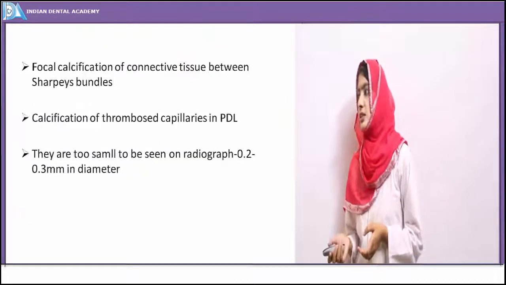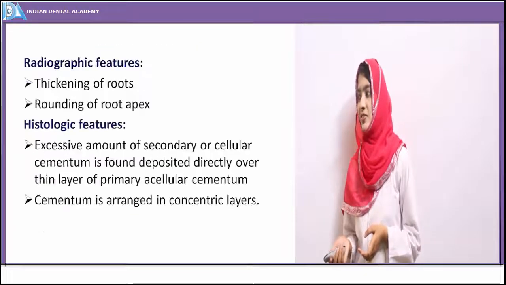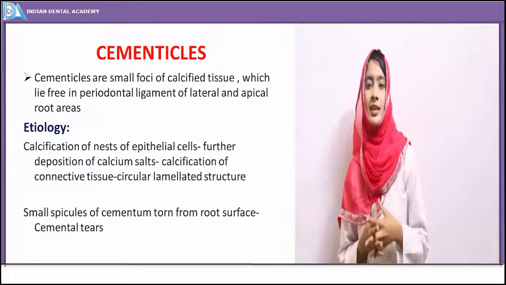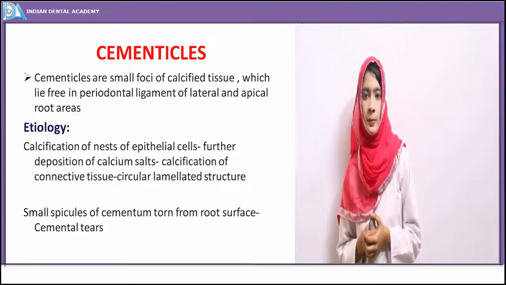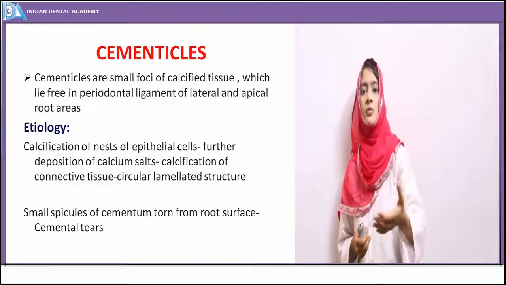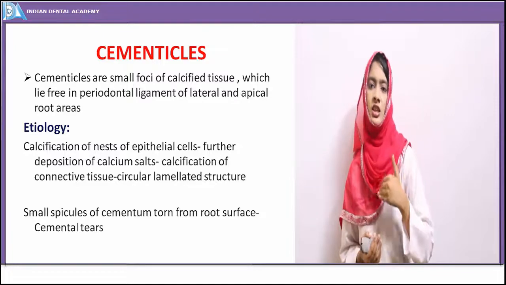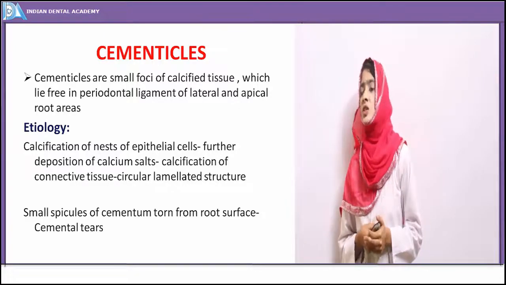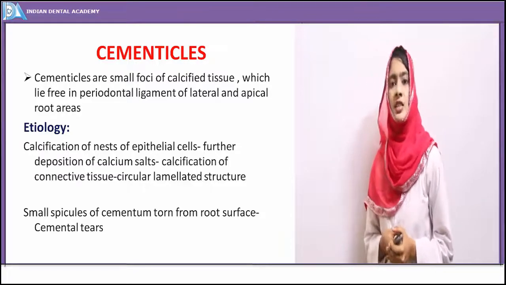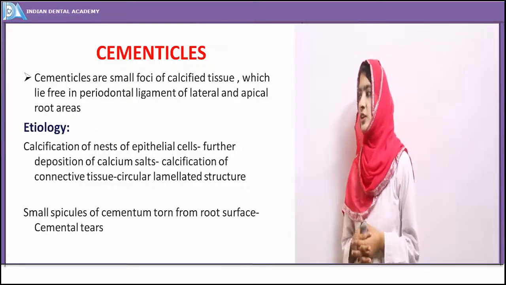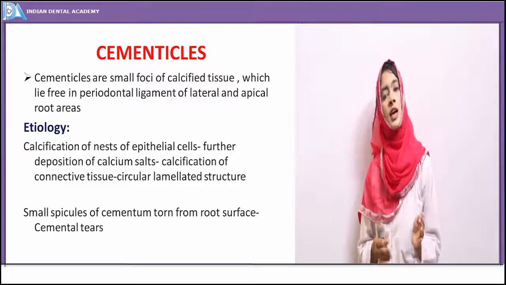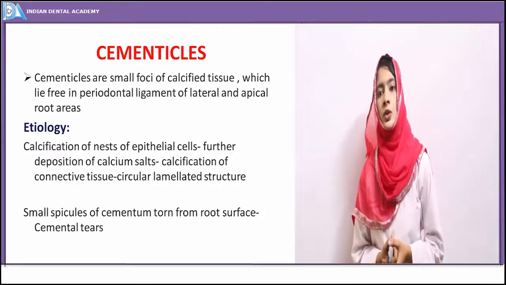Like we have seen the deposition of pulp stones, the calcified tissue deposits in the pulp chamber, sometimes you notice calcifications in the periodontal ligament. Those are cementicles, small foci of calcified tissue which lie free in the periodontal ligament, either on the lateral side or the periapical root areas.